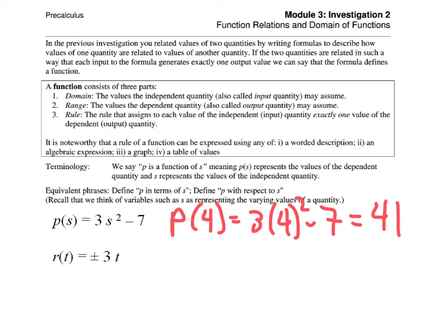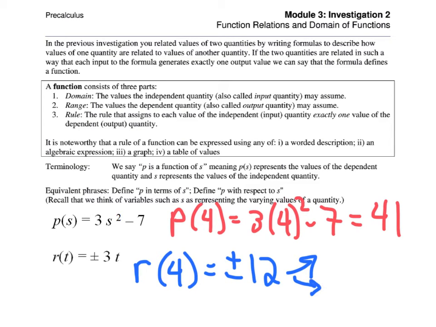This rule sends almost all input quantities to two different output quantities. For example, if we let t equal 4, the rule produces positive 12 and negative 12. This causes the third part of the definition of a function to be violated. And we see that, as defined here, R is not a function of t.